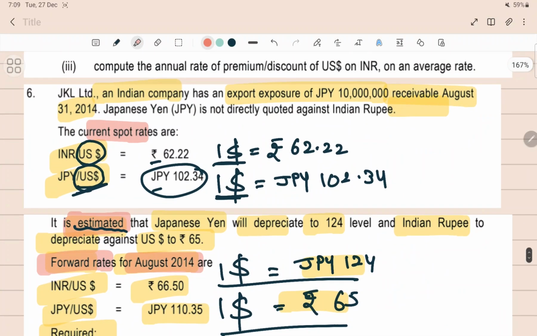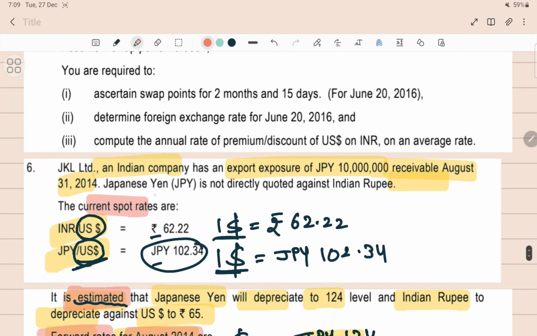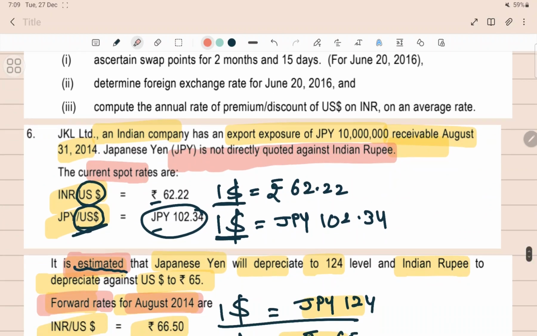Now see it very clearly, rupee and yen direct quote is not given to you. Yen is not directly quoted against the rupee. Rupee is quoted against dollar, yen is also quoted against dollar. So we have to use both these rates given to us and get a quote which gives us rupee upon yen.